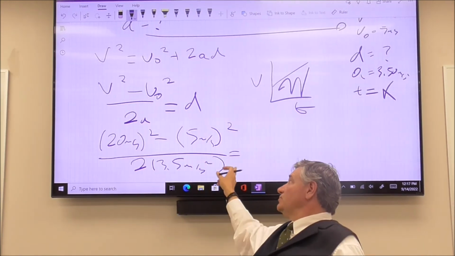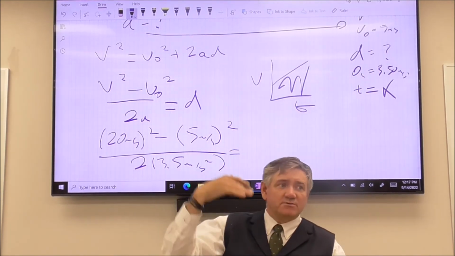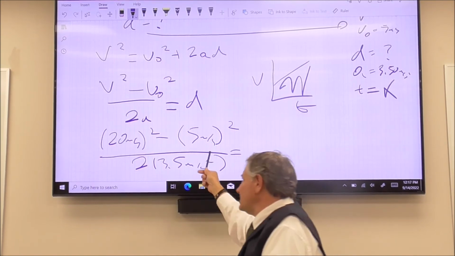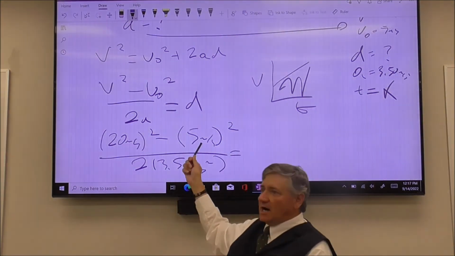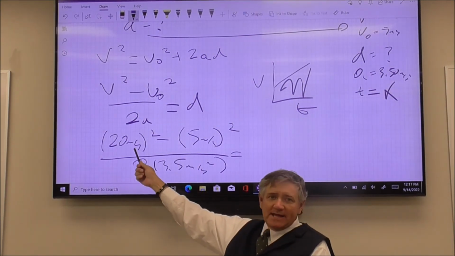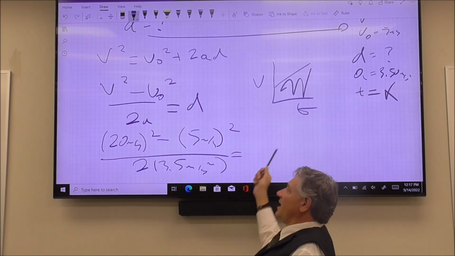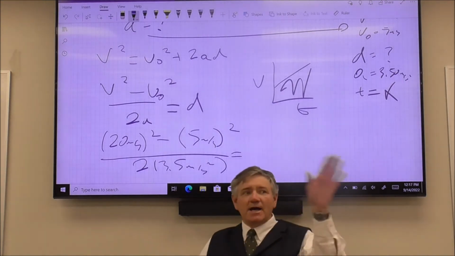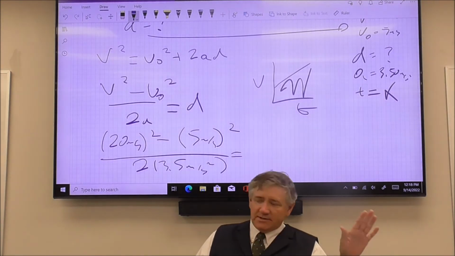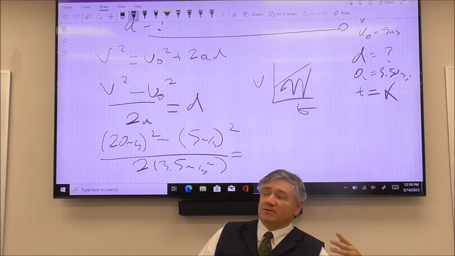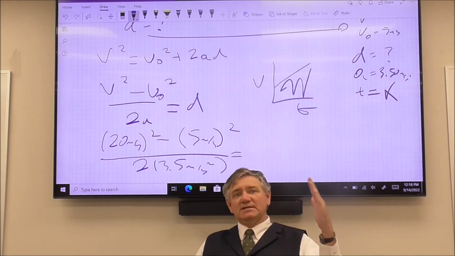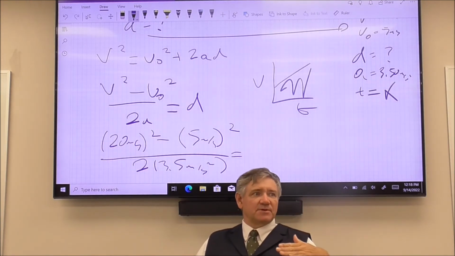So if you're going to do this in steps, when you're doing these problems, I don't need to see what you get out of this. You don't need to write down that's 400 minus 25 divided by 7. I don't need to see that, okay? If you really want to write that down, you can, but I don't need to see what you get out of those sub-calculations.